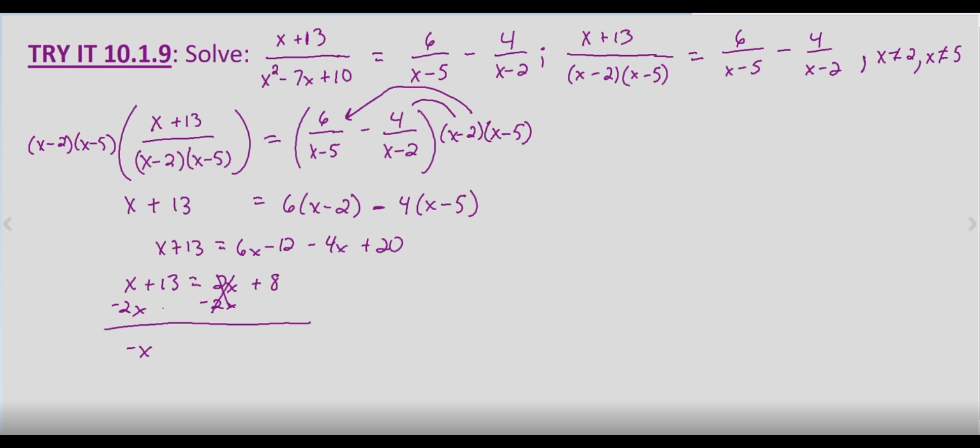And then we'll go ahead and subtract 13 from both sides. So the 13's cancel on the left-hand side, and 8 minus 13 is negative 5. So dividing both sides by negative 1 gives us x equals 5.